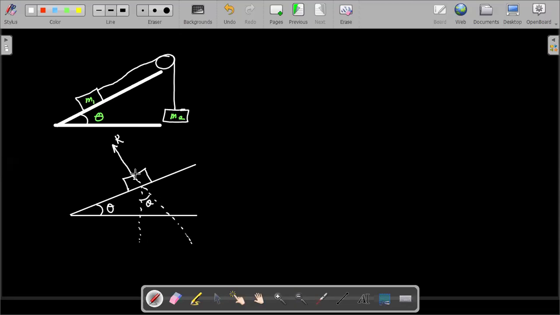As the plane is inclined, the normal reaction is also inclined at that same angle theta.